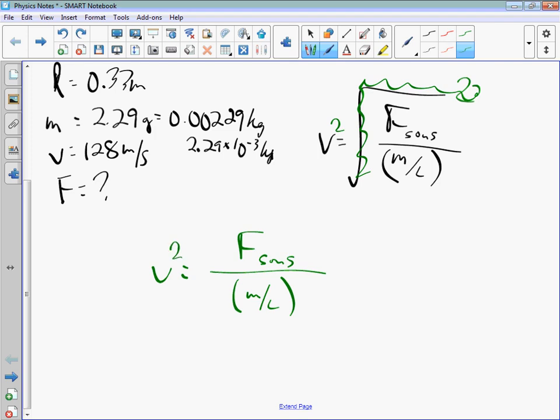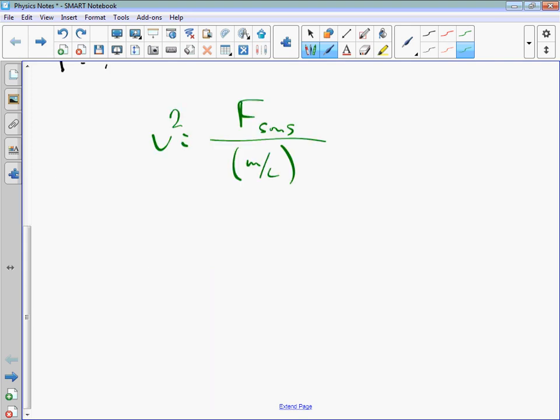Oopsie. So this thing, force divided by mass over length, would be the same as if length was on the top. And to me, it is easier to think about that way. Force of the string on the string times length over mass.